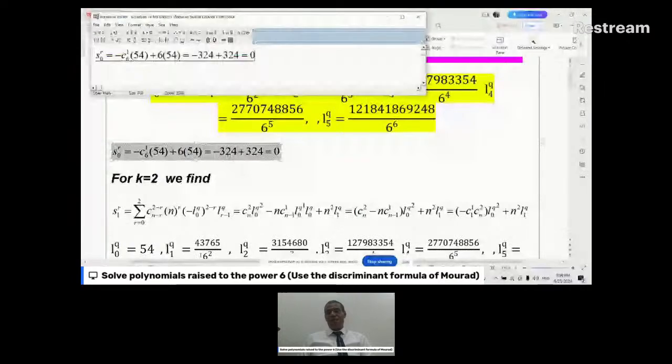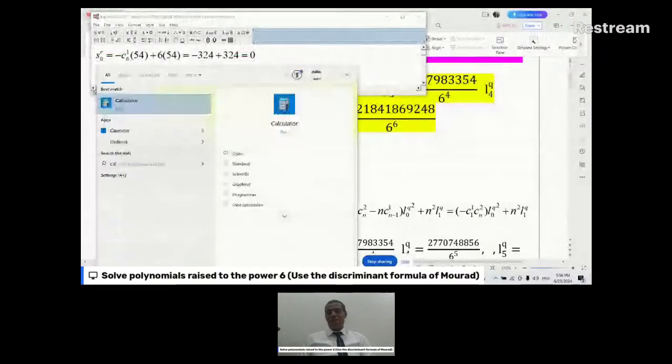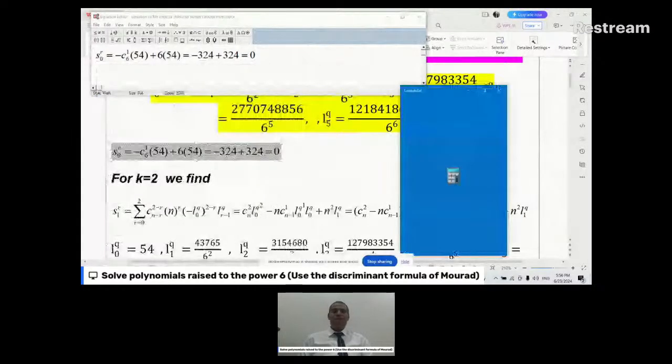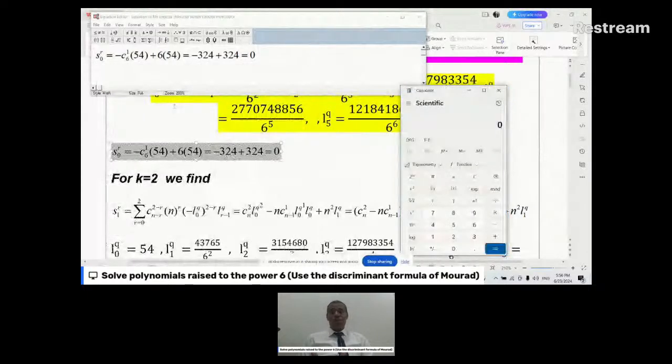I will bring my own calculator. And if I find time, I will show you that for this polynomial to the power 6, GeoGebra can't solve this kind of question.